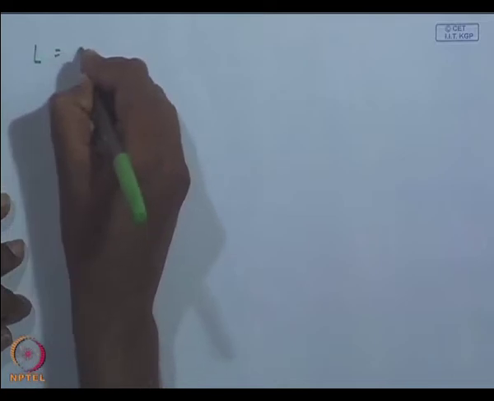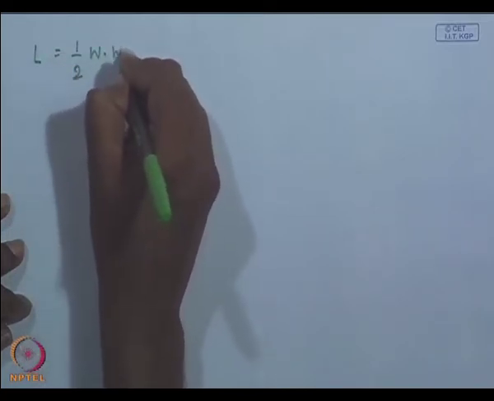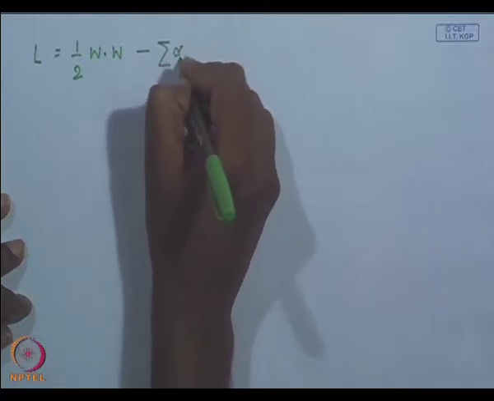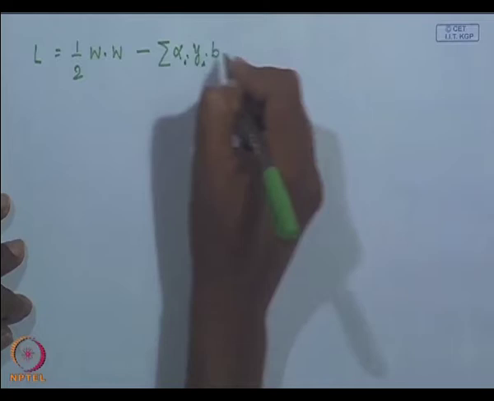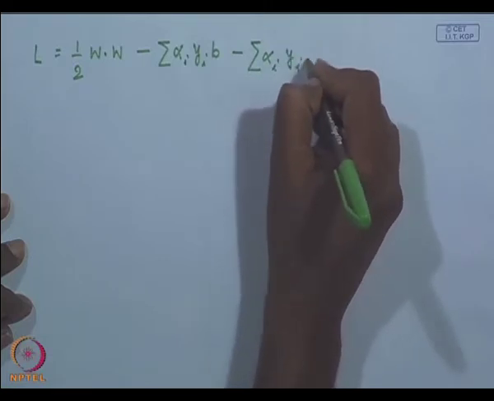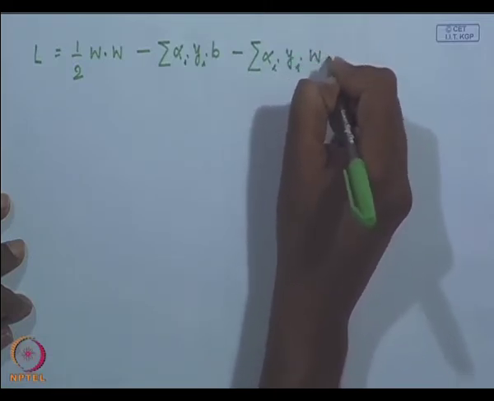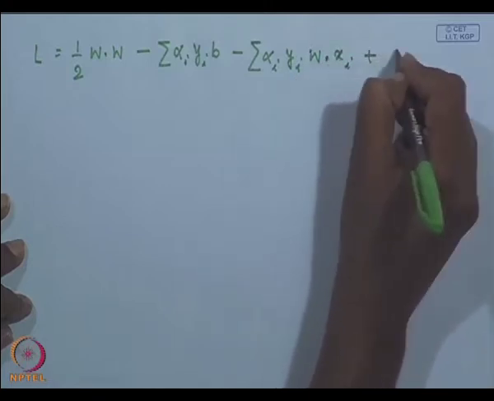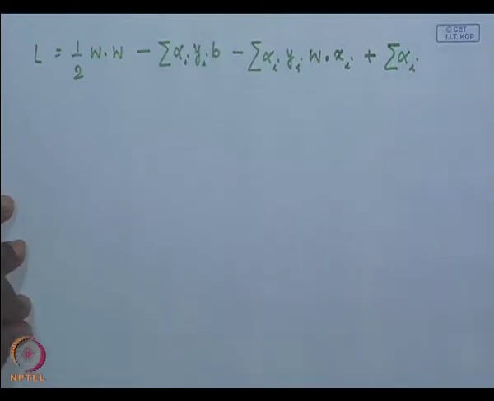Now, if I put this expression in my original expression of the Lagrangian, then let us see what we have. As we said, the Lagrangian in the expanded form was L is equal to half w dot w minus summation of alpha_i y_i b minus sum of alpha_i y_i w dot x_i plus sum of alpha_i.